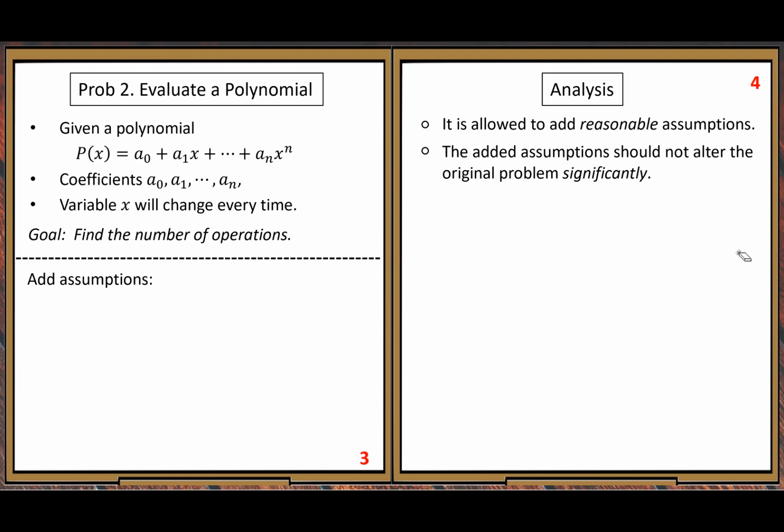And our added assumptions should not alter the problem difficulty significantly. We do not change the problem difficulty level. Same difficulty level. All right, so this is our assumption.